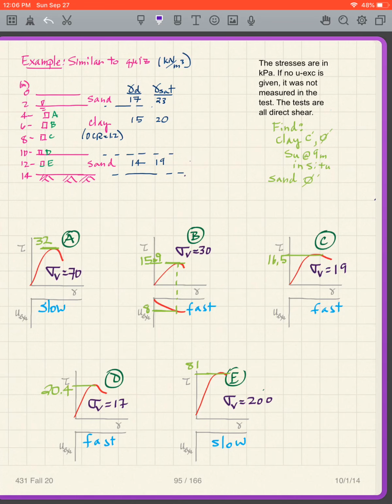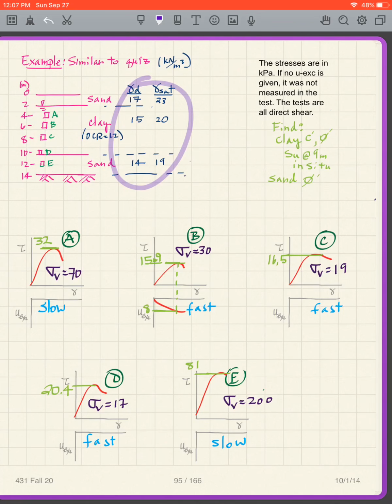This is getting closer to the layout of the quizzes I'm going to give you. I would give you a soil profile that looks like this, and I give you a bunch of locations where samples have been taken. So I've got A, B, C, D, and E, and if you notice, I've got sand, I've got clay, I've got sand, and we've determined the in situ OCR of this clay to be 1.2.